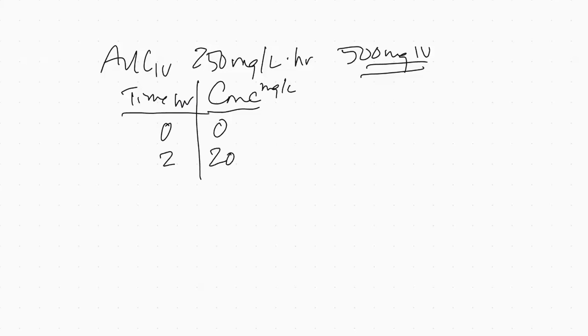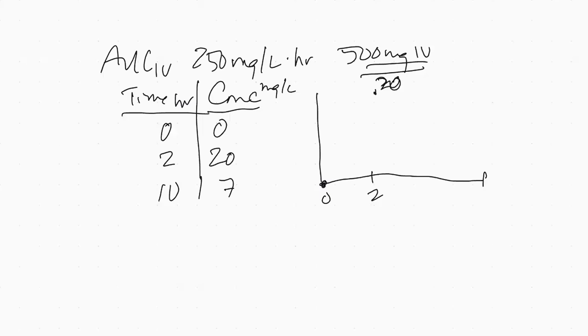So we draw our little picture. I really like drawing pictures. We start at 0, then at 2 hours we're at 20, and at 10 hours we are at 7. So we connect the dots and we drop our perpendiculars.